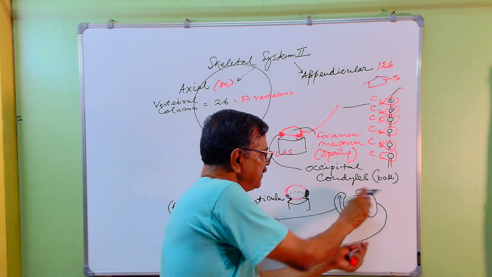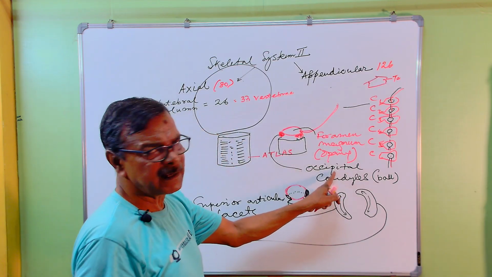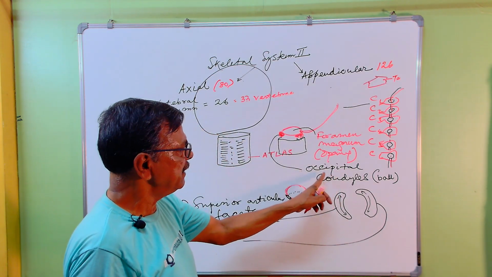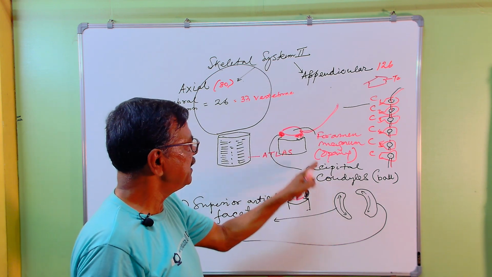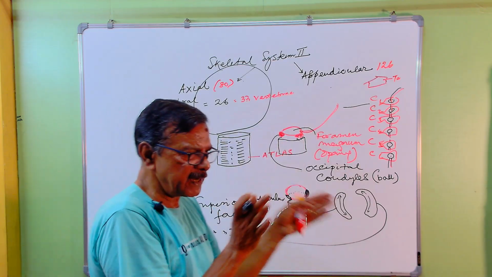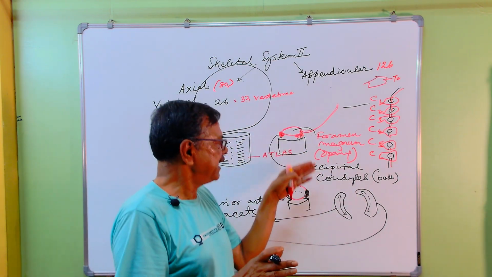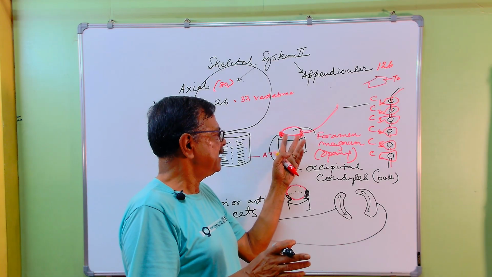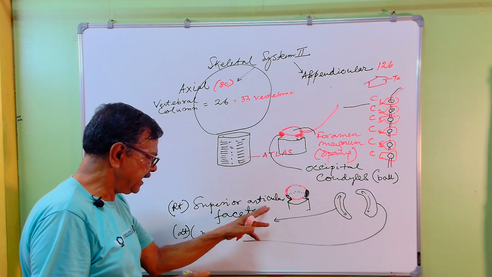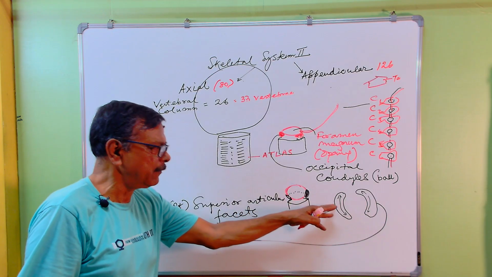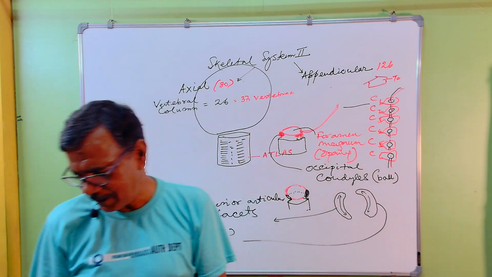So the occipital condyle will move on them. This sometimes comes in the exam. What are occipital condyles? It is an outgrowth, a ball-like structure. It is a protuberance just on both sides of the foramen magnum, and it fits. Actually, it is the fitting point. It fits with the superior articular facets. This is for articulation on the right, and this is for articulation on the left.